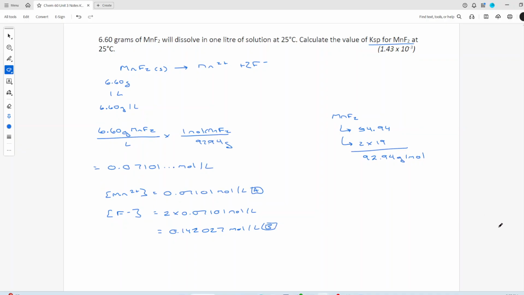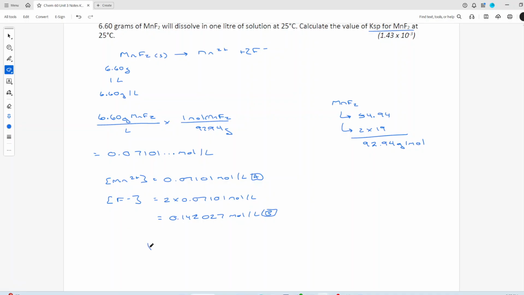So then if I'm calculating KSP, KSP is going to equal the concentration of manganese times the concentration of fluoride squared. So I'm going to take that answer A and I'm going to times it by the answer B squared, which is going to give me, depends on if you want scientific notation or not, 0.00, and then how many sig figs are we keeping?